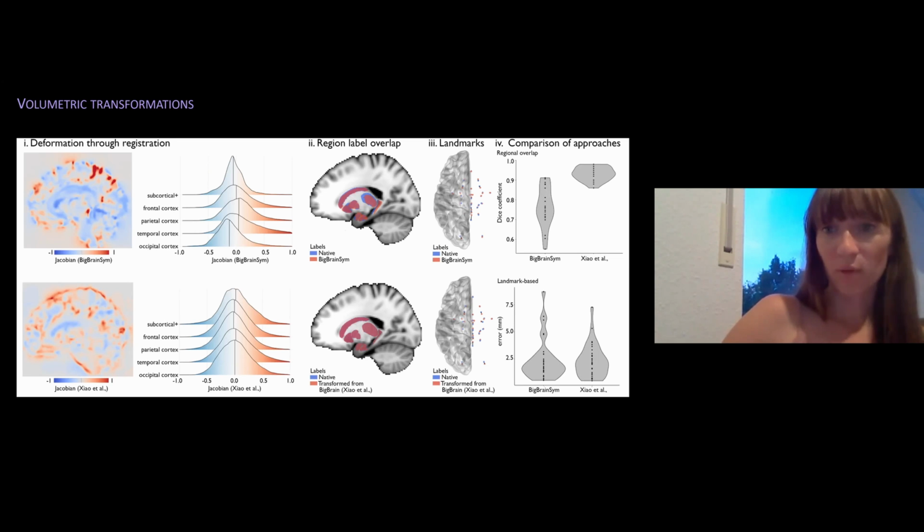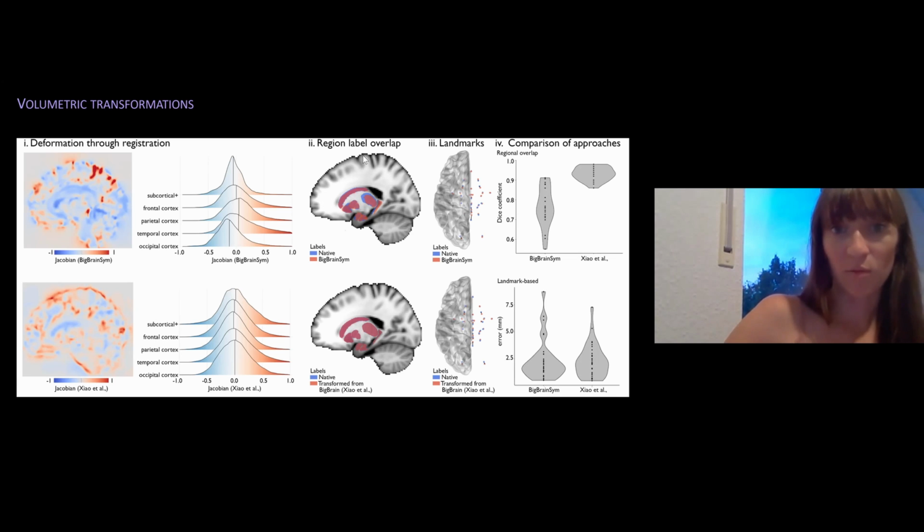But we also want to evaluate the accuracy of our transformations, of course. So one way to look at this is the alignment of manually segmented regions. So we take labels of subcortical regions that were manually segmented on BigBrain or ICBM 152. Then we apply the transformation to the BigBrain labels and evaluate how well they overlap with the native ICBM labels.